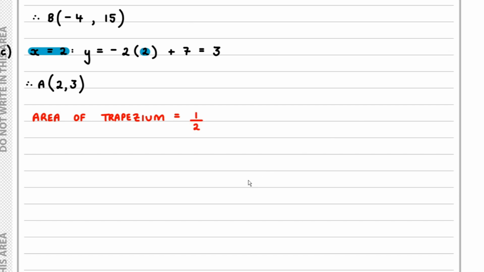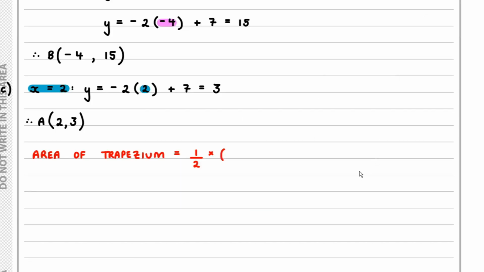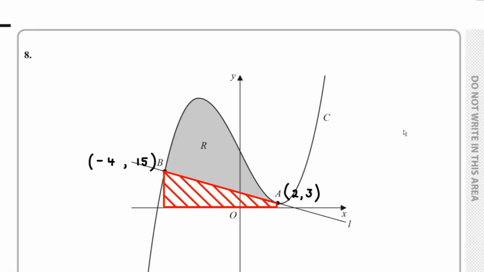Well, we have 1/2 multiplied by, well, we have to sum the two parallel sides. So we have a length of 15 and a length of 3. So we have 15 plus 3, and then we multiply by the height. The height is the difference between the 2 and the negative 4.